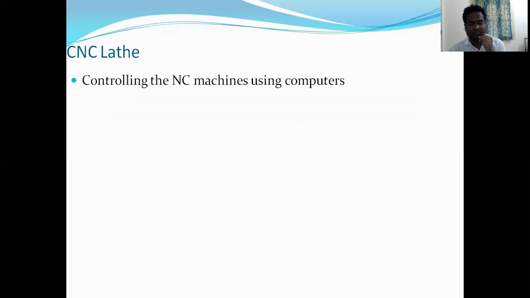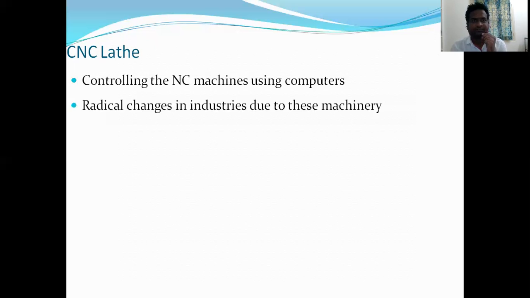In NC machines we are not using any computer; the program is stored only on the punch tape. But in CNC machines the program is stored on the computer itself. So there are radical changes in industries due to this machinery.